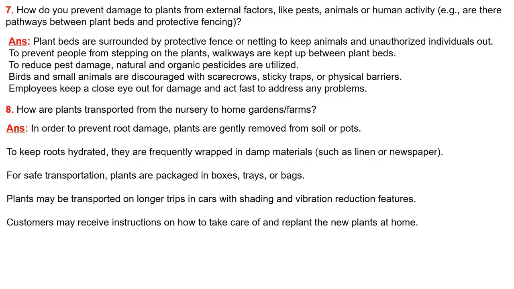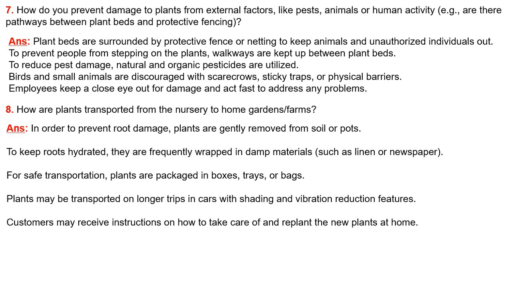Next, how are plants transported from the nursery to home gardens or farms? In order to prevent root damage, plants are gently removed from soil or pots. To keep roots hydrated, they are frequently wrapped in damp materials such as linen or newspaper.